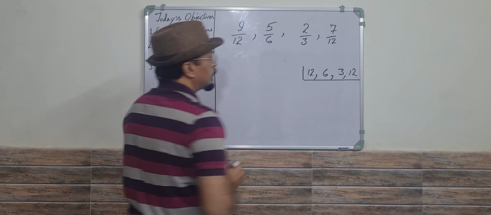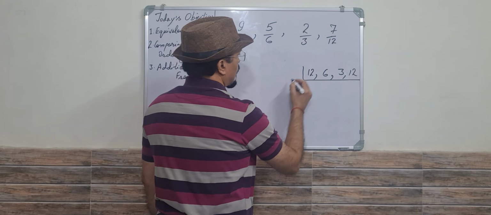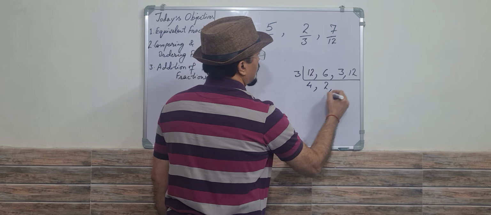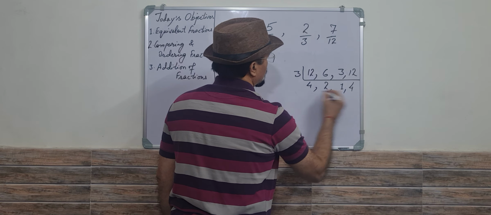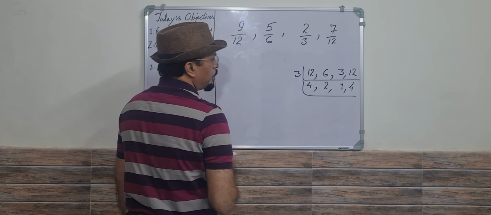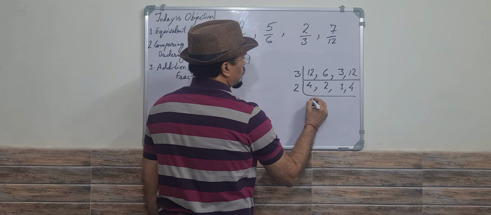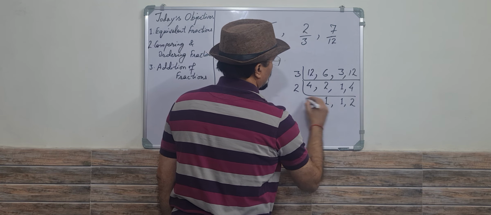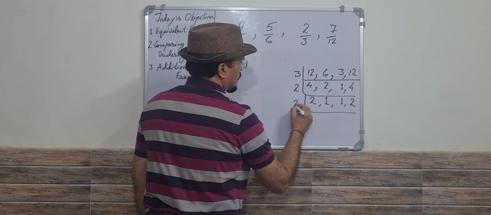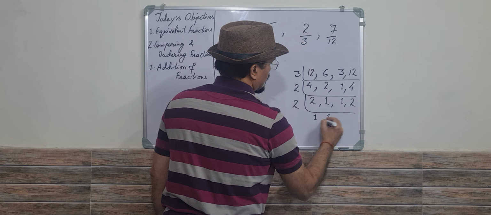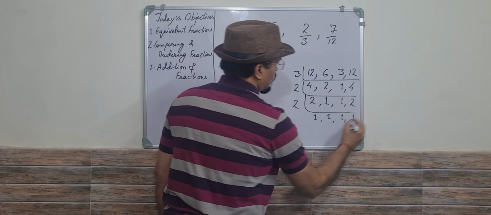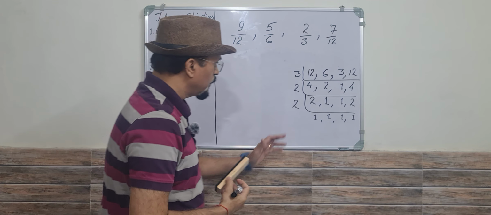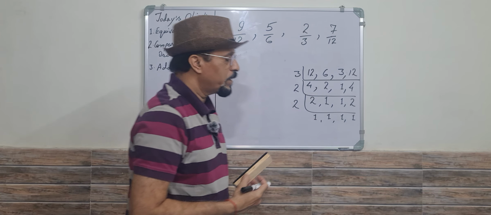Let's start: 3 4s are 12, 3 2s are 6, 3 1s are 3, 3 4s are 12. Then 2 2s are 4, 2, 2, 1, 4, and then 2, 1 is 2, 1, 1, 1, 1. I hope you know that we have to find the LCM till we receive 1 at the end.